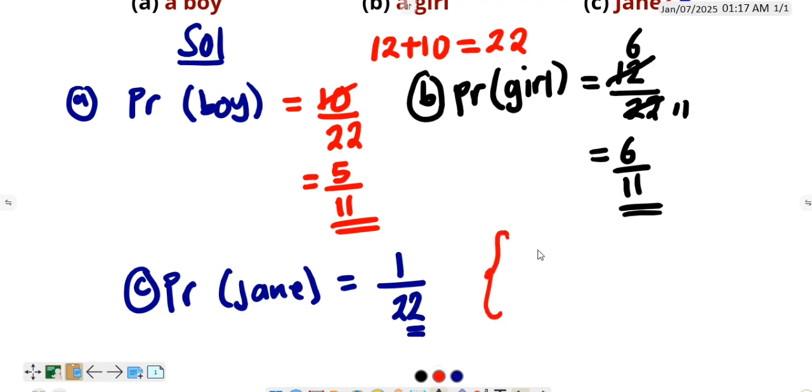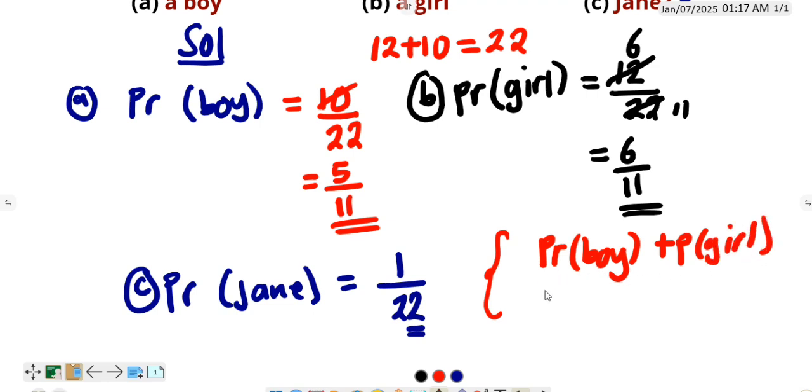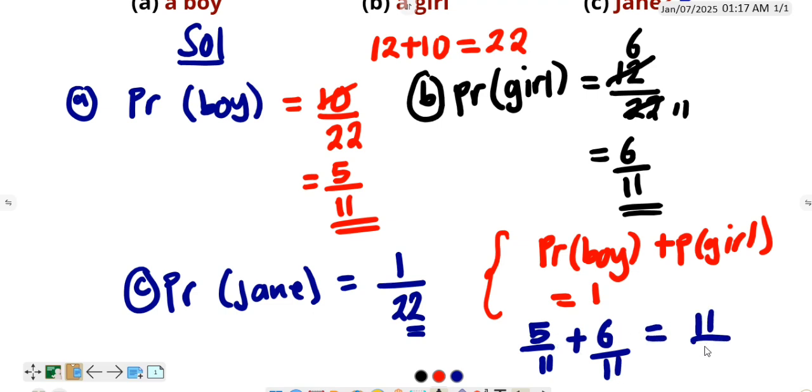From what we have answered, it is important that we note that if we add the probability of the boy and we add the probability of getting a girl, this should always give us what? 1. So if the probability of a boy is 5 over 11, plus the probability of a girl is 6 over 11, this will give us 5 plus 6, which will definitely give us 11 over 11.